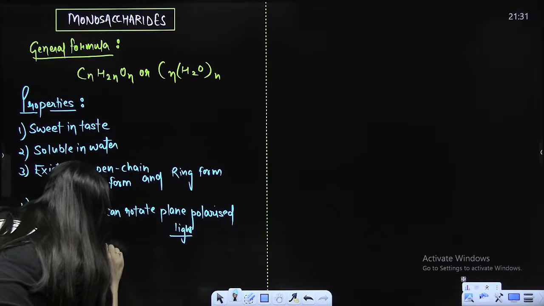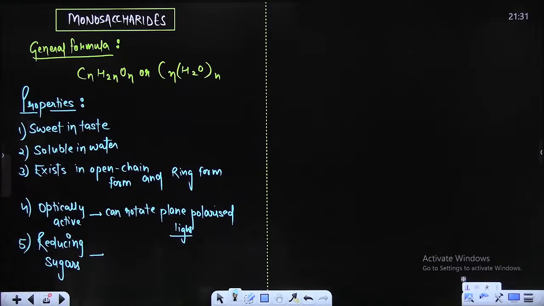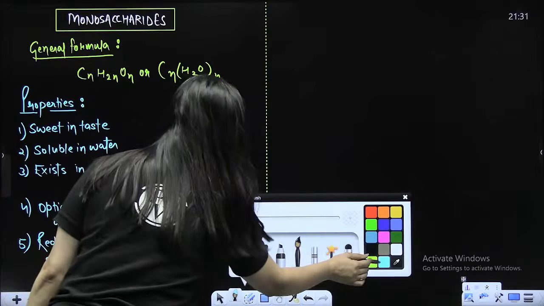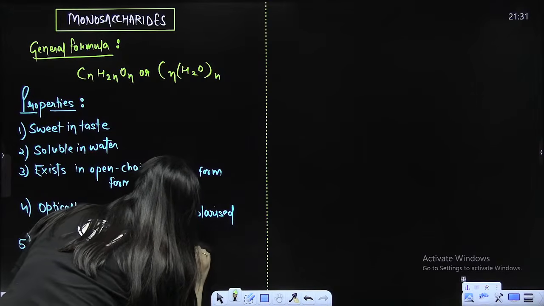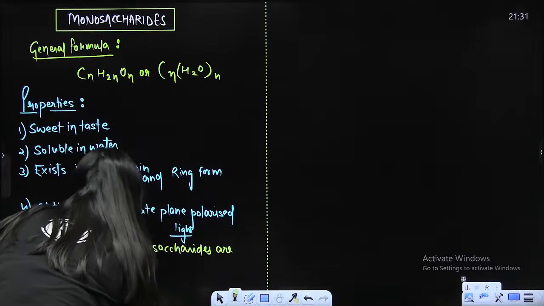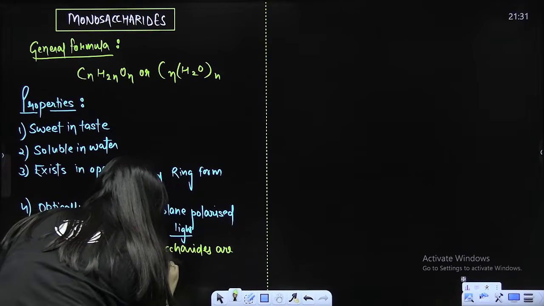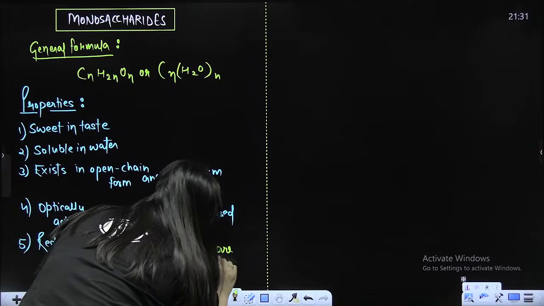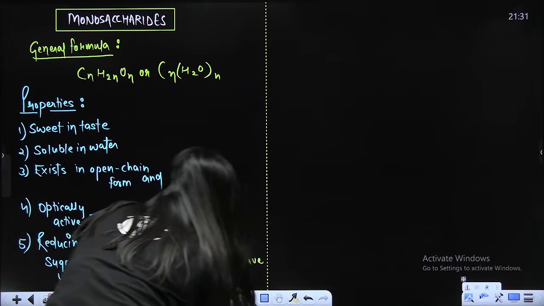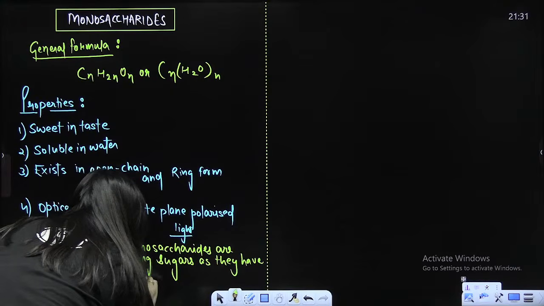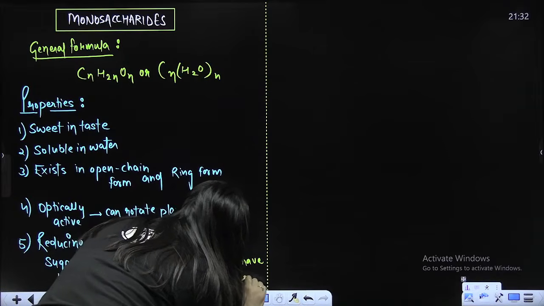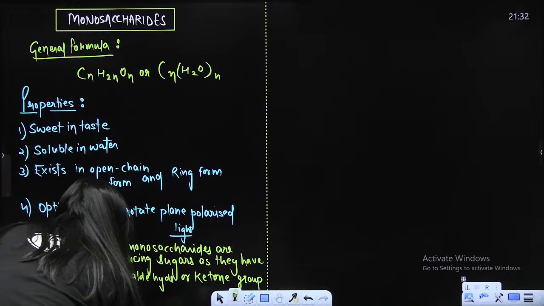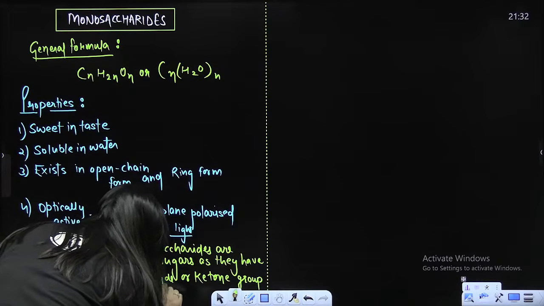So all monosaccharides are reducing sugars, as they have a free aldehyde or ketone group in their chain or ring form.